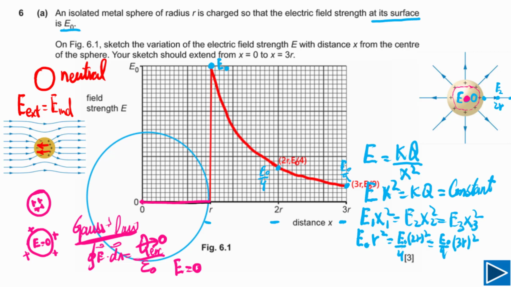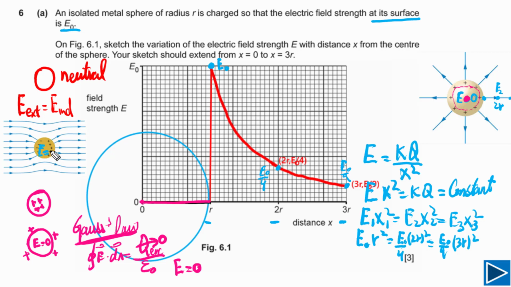let me draw the lines inside. You can see this is the external electric field and the red one is the induced electric field. When the magnitudes of these two are equal, the net electric field inside the metal sphere will again be equal to 0. This is an example of shielding, electrostatic shielding.